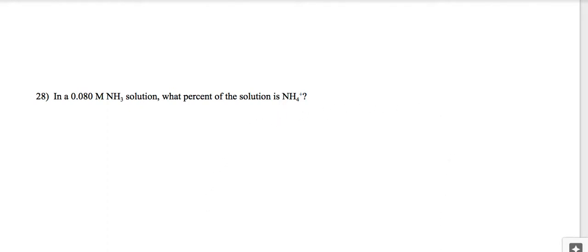Well, if we look at the ionization process, solving for this in a percent is the same thing as solving for percent ionization.